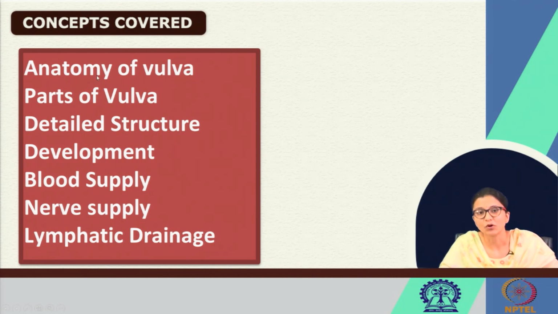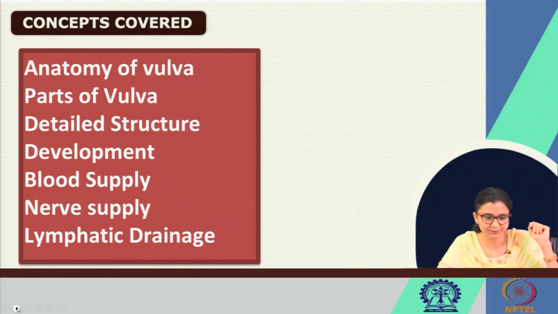This is very important to know because it will be required in the process of childbirth, in vaginal delivery, and a detailed overview of all these structures is required for any type of tear, laceration or injury to the female external genitalia.